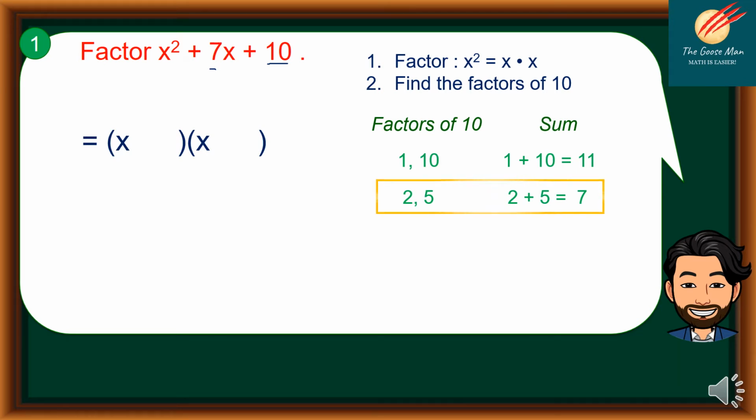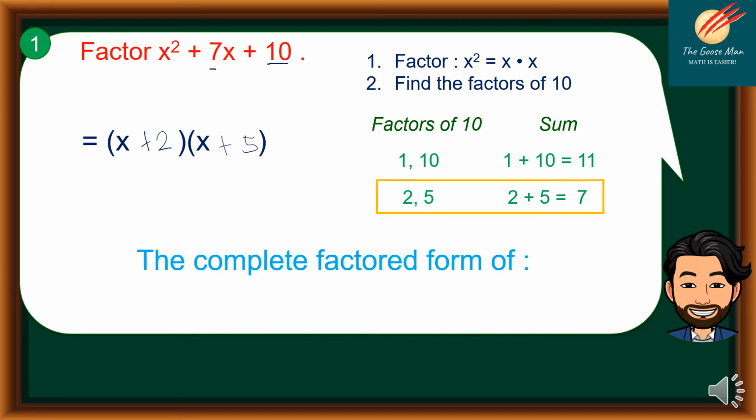Therefore, these are the factors we are looking for. I can write here already plus 2, and the other one is plus 5. So the complete factored form of x squared plus 7x plus 10 is equal to x plus 2 times x plus 5.